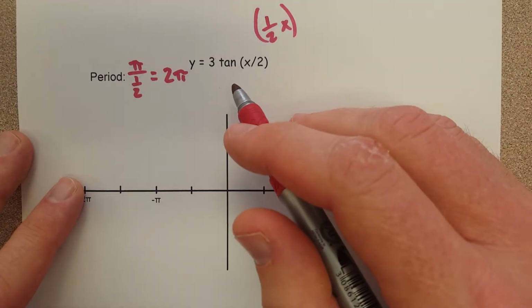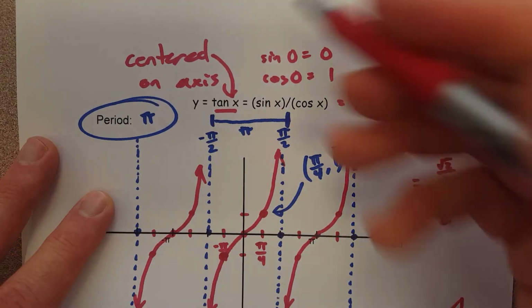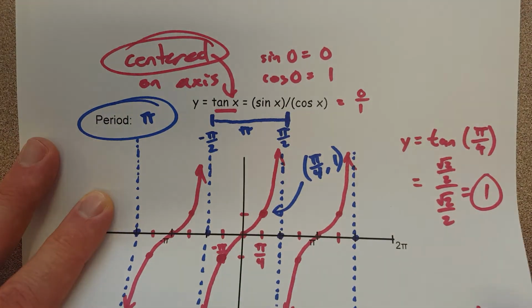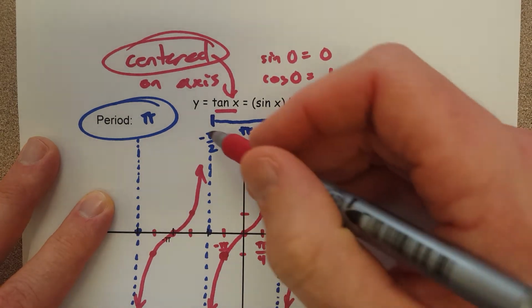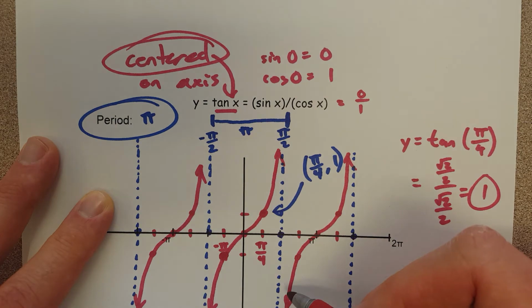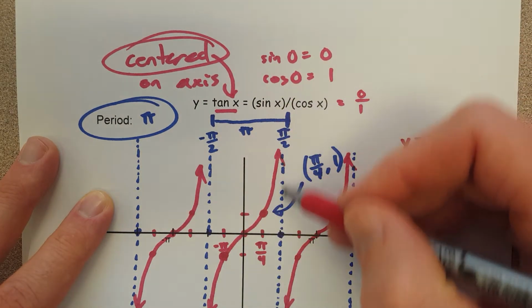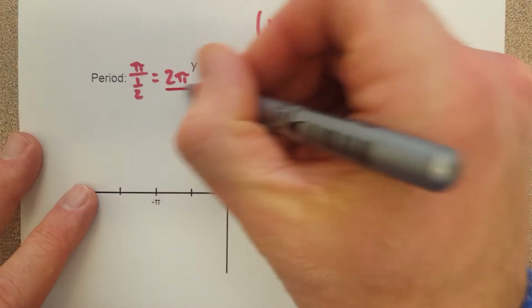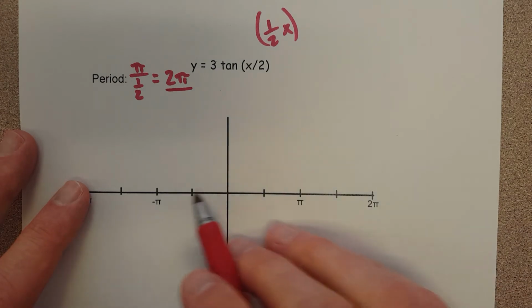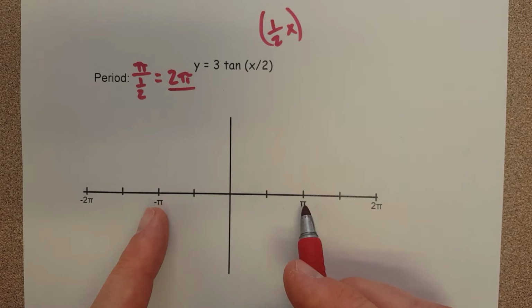The other thing I need to remember is that we talked about tangent as being centered over the axis. So the axis goes right through the middle, and I've got a vertical asymptote on either side. So I go halfway over onto the left, halfway over onto the right. That means if my period is 2 pi, and I want to go half on the right, half on the left, the total distance, if I have it centered, is going to be between negative pi and pi.